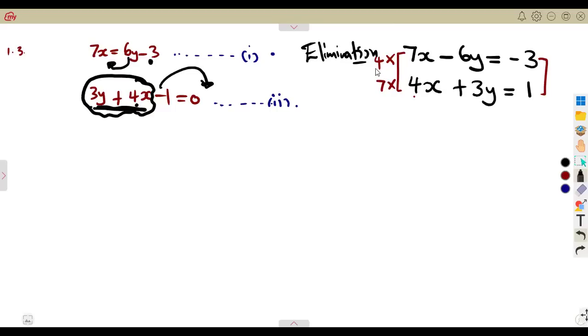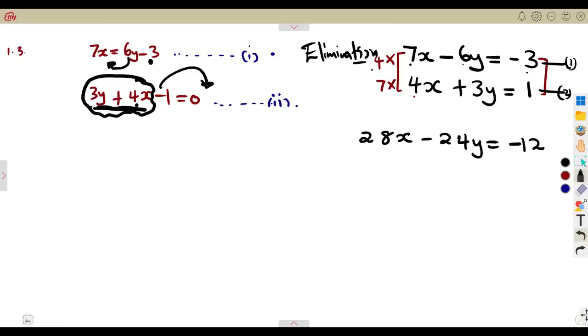Okay, let's multiply by 4 everything in the first equation. I'm just going to have this as equation 1, equation 2. So 4 times 7, that is 28x. Okay, 4 times minus 6, which is minus 24y, is equal to 4 times minus 3, which is minus 12.